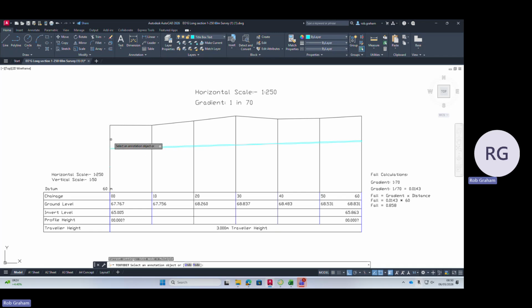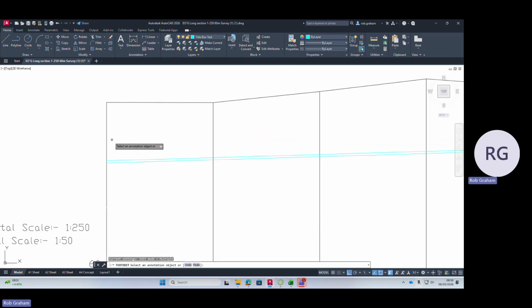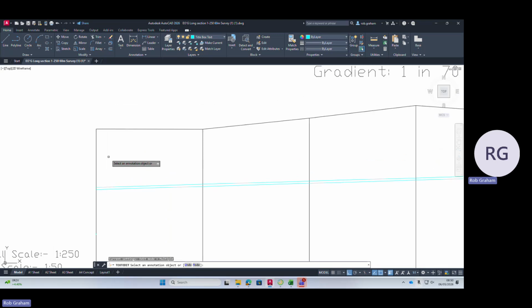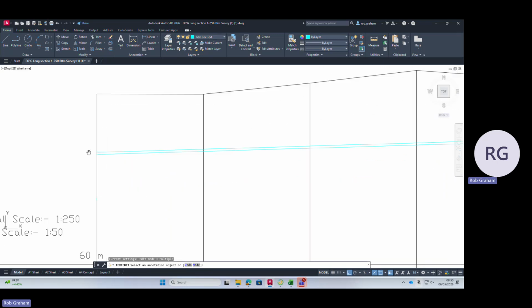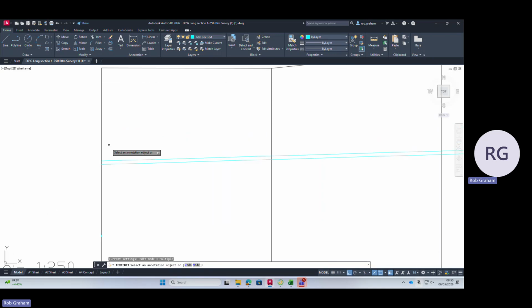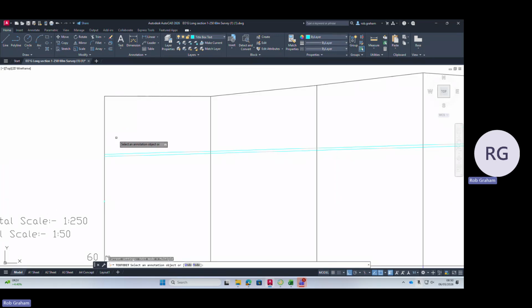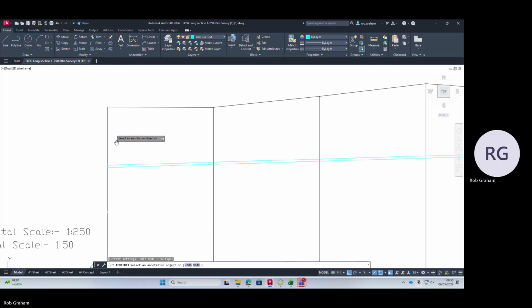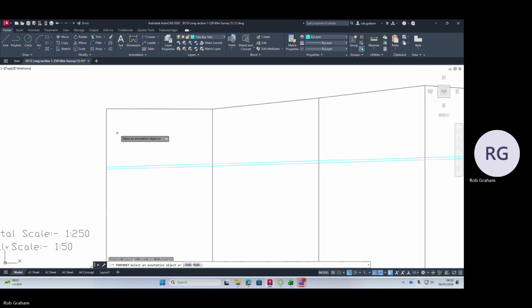Now, we are using a vertical scale of 1 to 50. So we basically need to offset that up by 1 to 50, and the quickest way to do that is 3 meters times 2. So we're exaggerating the scale by 50 in this scale drawn.